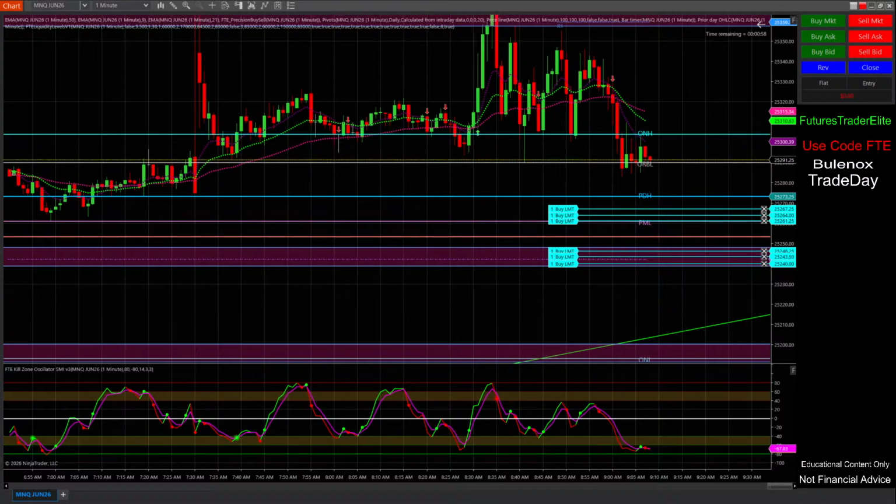ATR is just around 10 or 11. Pretty low this time of day. Come on, let's go. Come on. Get it. We still have a little bit of room to expand to the downside. I think it should be enough to give us a good push down here.